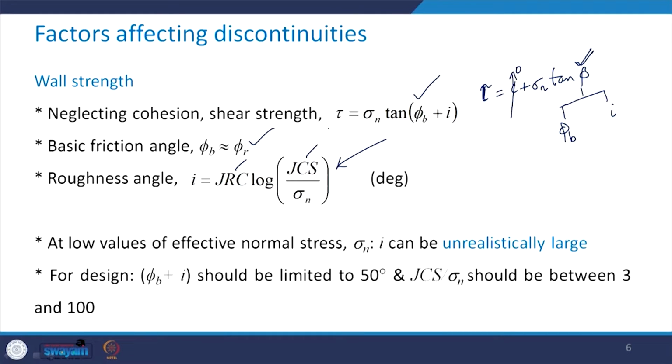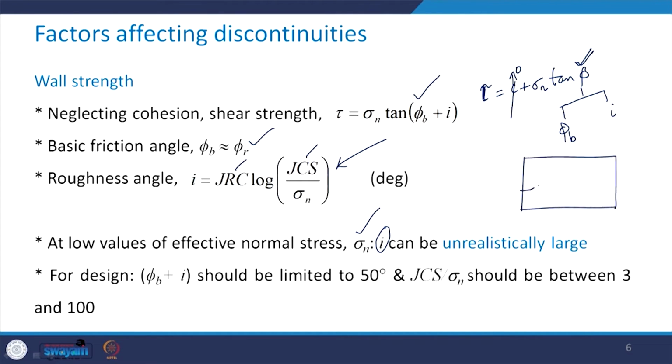At low values of effective normal stress, which is sigma n, this value of i can be unrealistically very large.